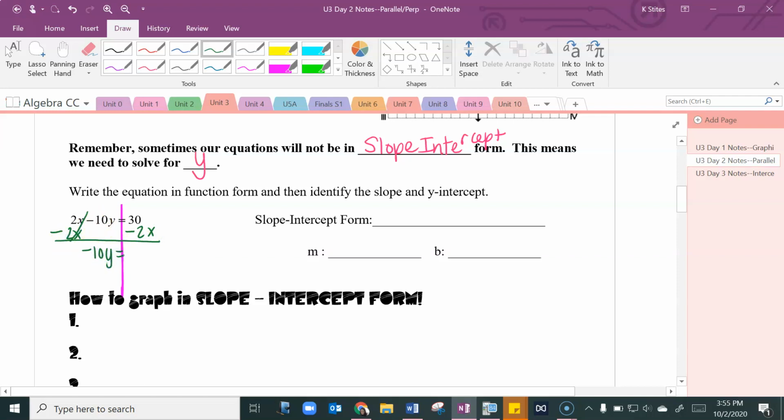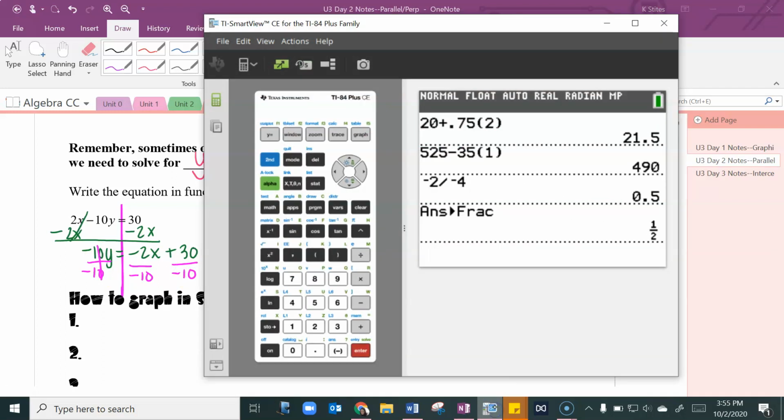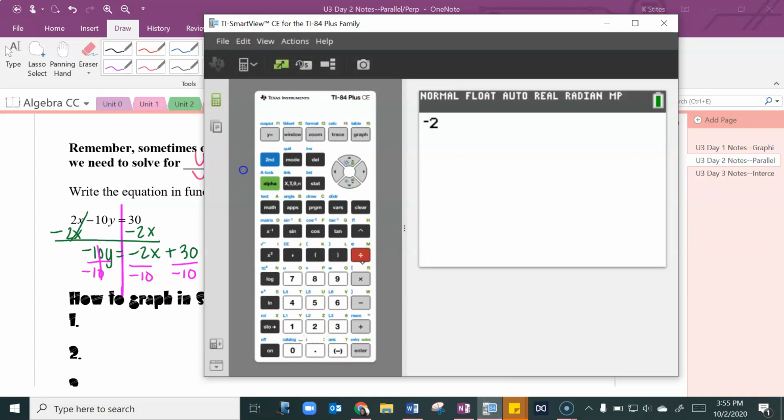And instead of saying 30 minus 2x, we are now transitioning to say -2x plus 30. So we're just switching the order on those. And then we're going to go ahead and divide by -10. All right, so that'll give us y equals -2 divided by -10 gives us 1/5.